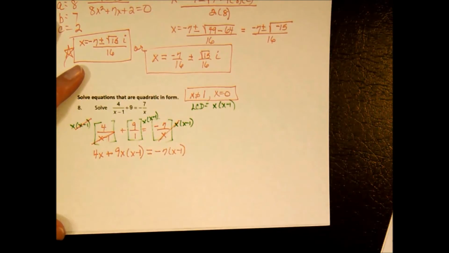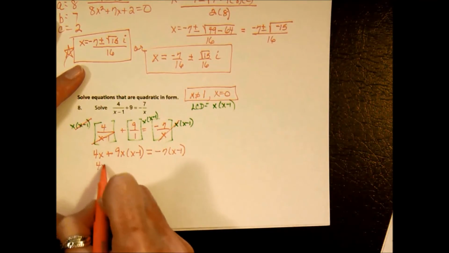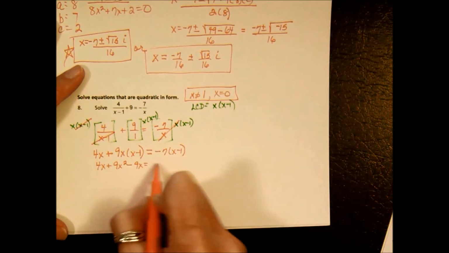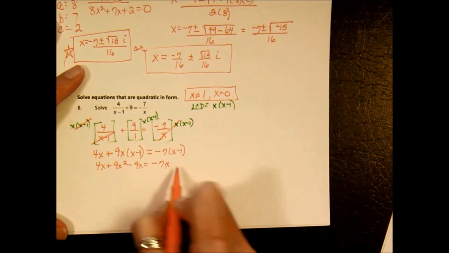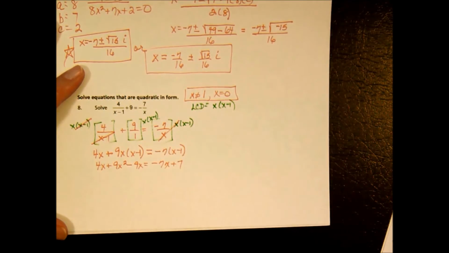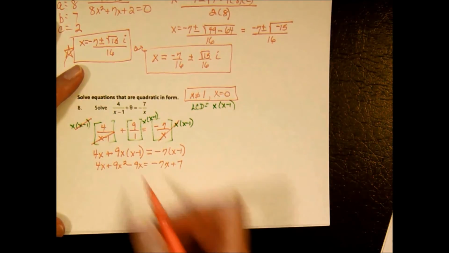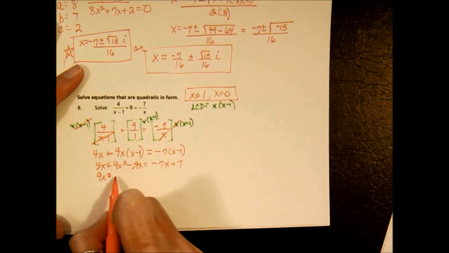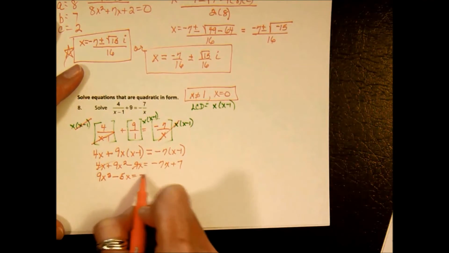Let's go ahead and distribute. That is going to give us 4x plus 9x squared minus 9x equals negative 7x, negative times negative, plus 7. Combining like terms, I have 9x squared minus 5x equals negative 7x plus 7.